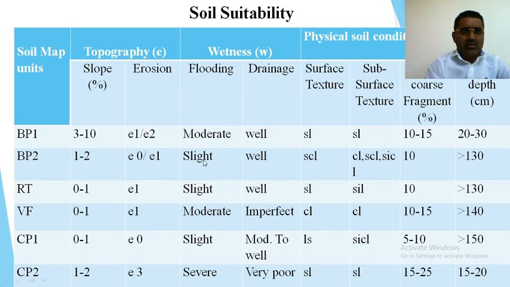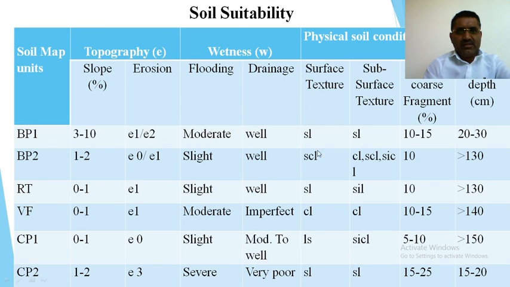Moderate, that is moderate, slight, moderate, slight, and severe, that is flooding according to the unit. And again erosion is here E1, E2, E0, E1, E1, E0, E3. Again that is used. Drainage: BP1 unit well, BP2 well, RT well, VF imperfect, moderate to well, and very poor.